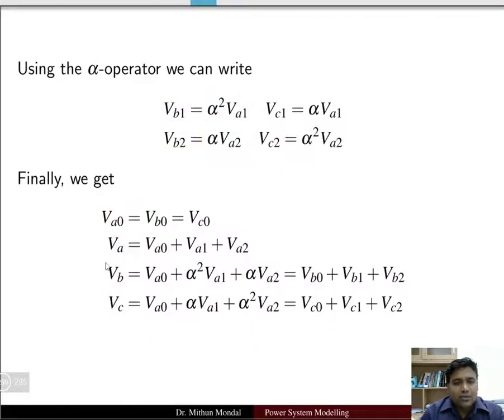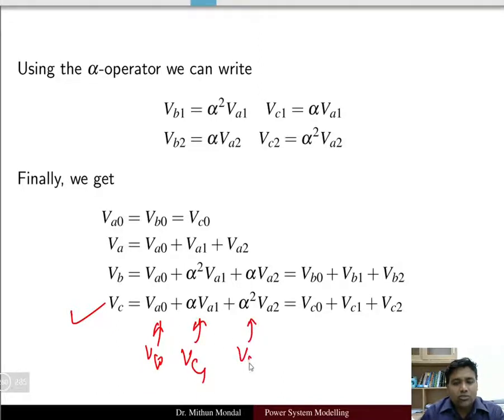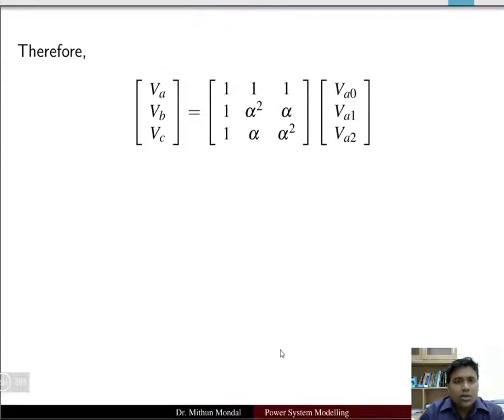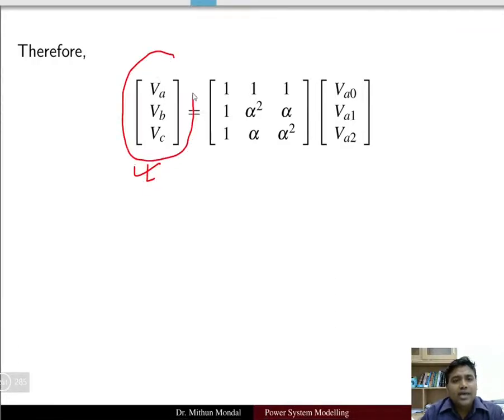Now similarly we can write for phase C. So VA0 is for VC0, alpha times VA1 is equal to VC1, and alpha square VA2 is for VC2. Now we can write it in matrix format: the voltage of the three phases VABC is the multiplication of a vector into the matrix, where the vector has A0, A1, A2, that is, zero sequence, positive sequence and negative sequence, for phase A alone.